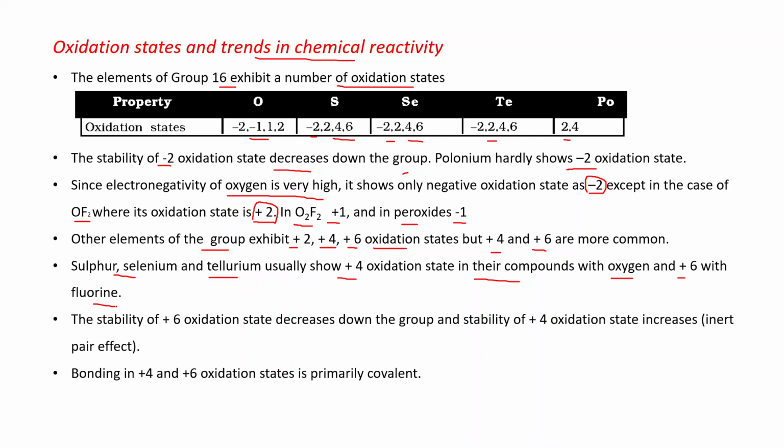Fluorine is the most electronegative. That's why these elements show the +6 oxidation state. But the stability of the +6 oxidation state decreases down the group. What is the reason? The reason is the inert pair effect, and the stability of the +4 oxidation state increases. Bonding in +4 and +6 oxidation states is primarily covalent. Clear, students? Okay, thank you.